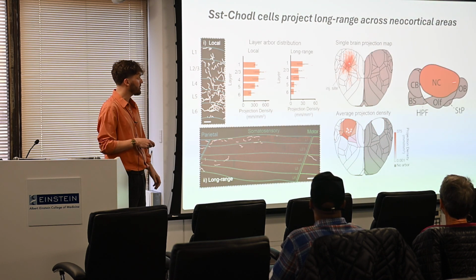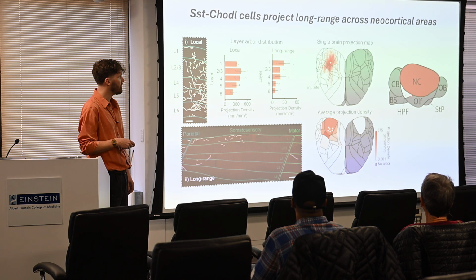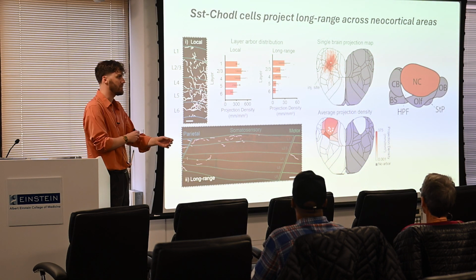As I said, these projections really like to stay within the neocortex. And in all of the experiments we did, we never found any projections outside of the neocortex, minus a small but significant consistent projection to the subiculum.